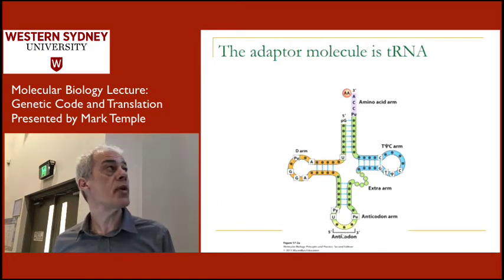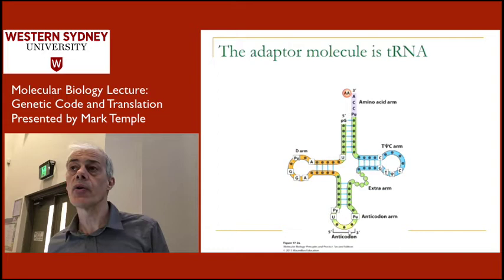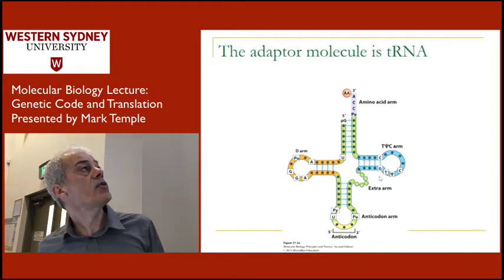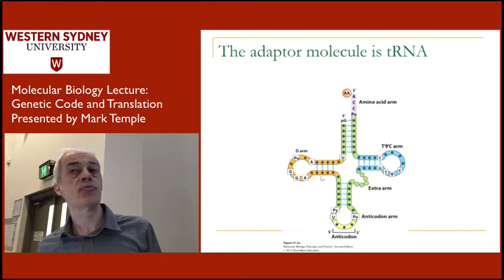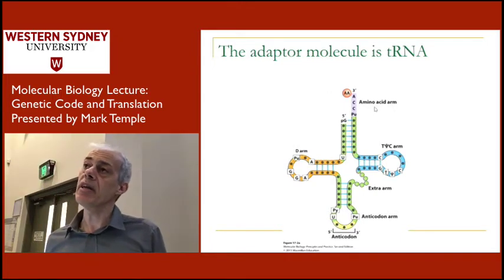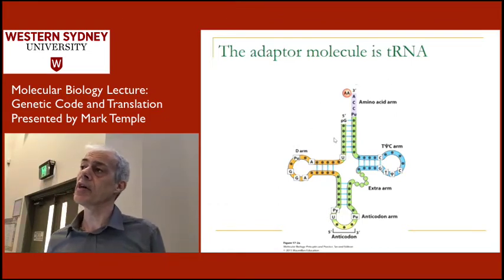So this is where the specificity comes in: a transfer RNA is specific for a codon in the messenger RNA. It's got these other arms, which are useful because it needs to recognize a protein, and then it's got this other arm up here, which is called the amino acid arm. Clearly that's where the amino acid interaction takes place. This is where an amino acid is attached to the transfer RNA.